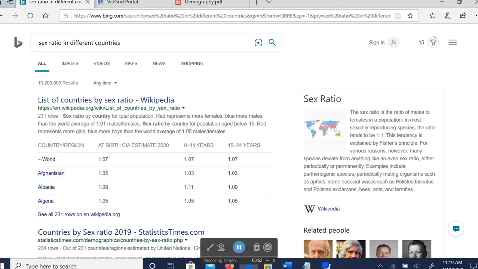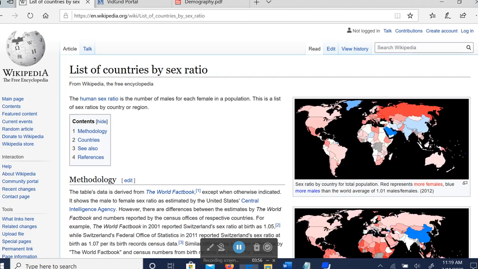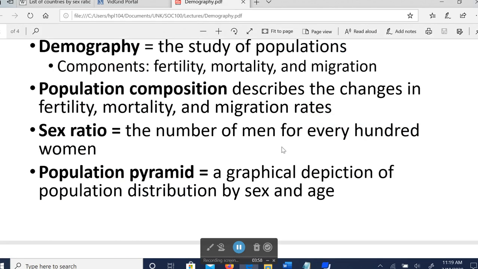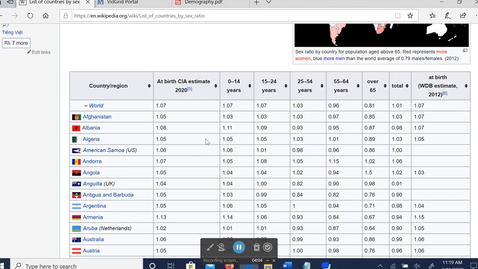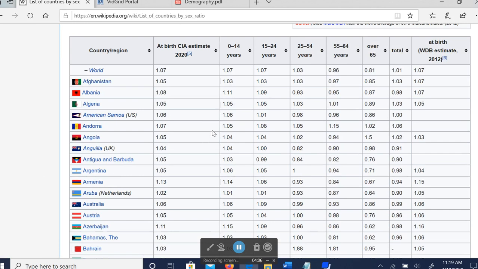So, sometimes, as you can see from here, sex ratio, they don't go by every 100. Sometimes they are being shown this way. How many men to a woman?